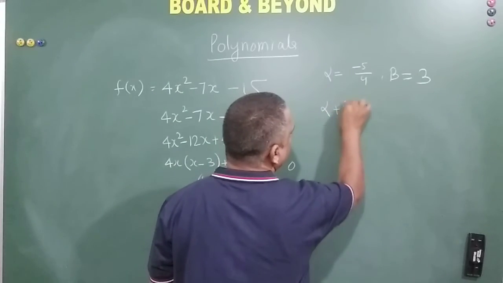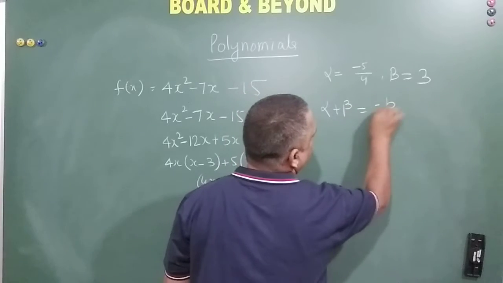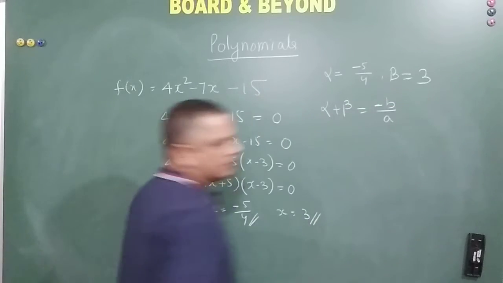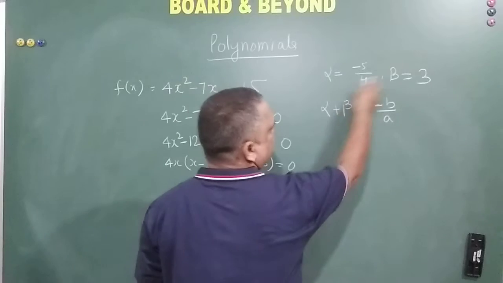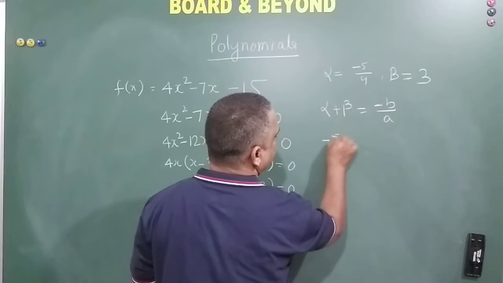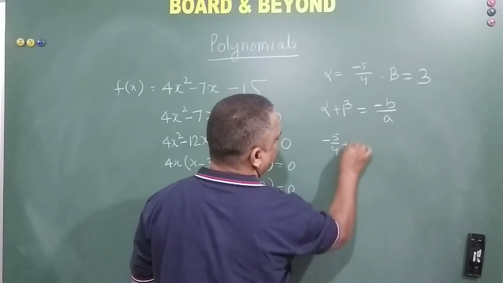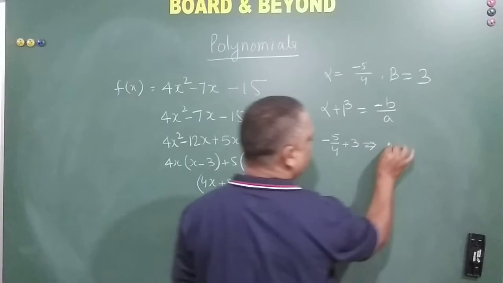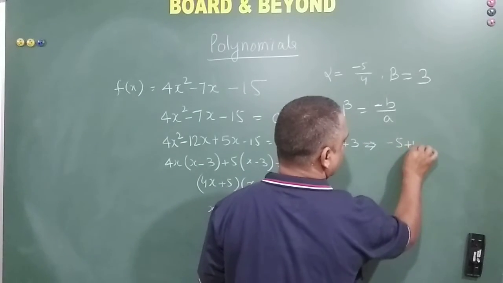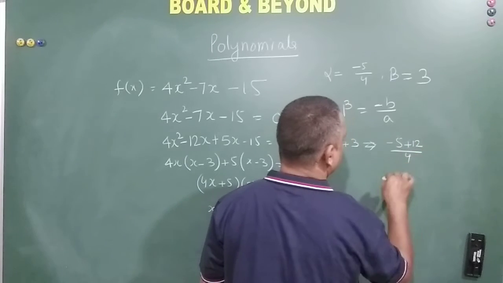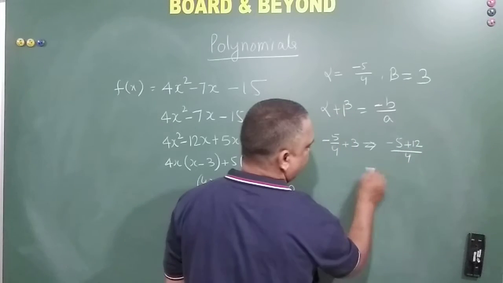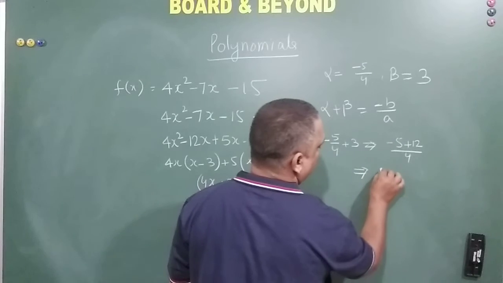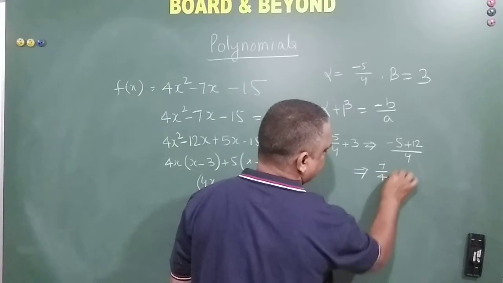Alpha plus beta is equal to minus b by a, right? So alpha plus beta, from this, it will be minus 5 by 4 plus 3, that is also equal to minus 5 plus 12 divided by 4, which is also equal to 7 by 4.